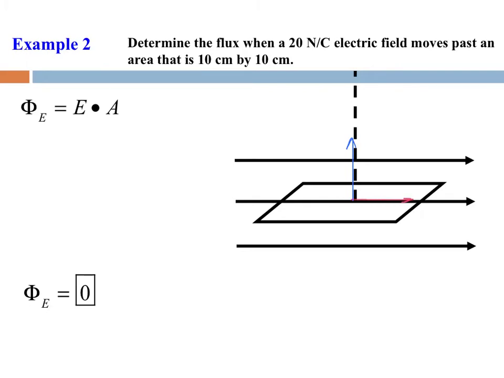So we can see here that the angle in between our normal vector and our electric field is 90 degrees. So the cosine of 90 is 0, meaning that the flux that goes through this area is also 0.